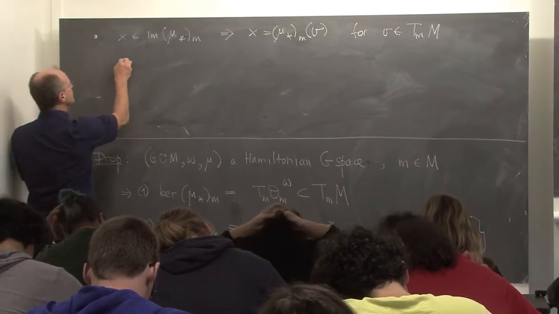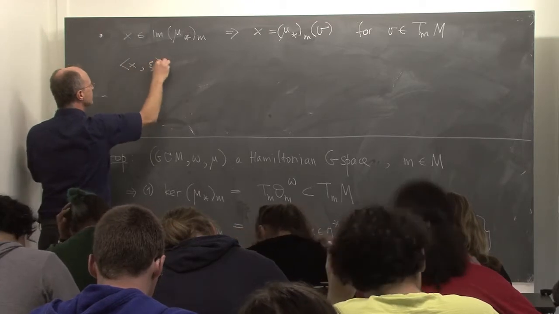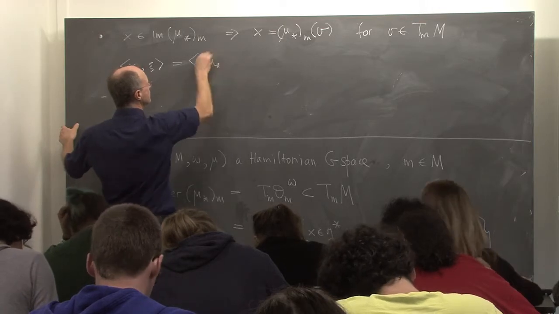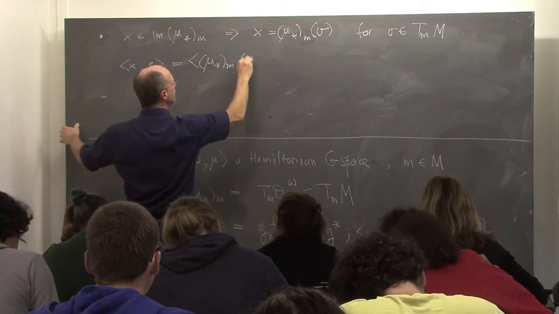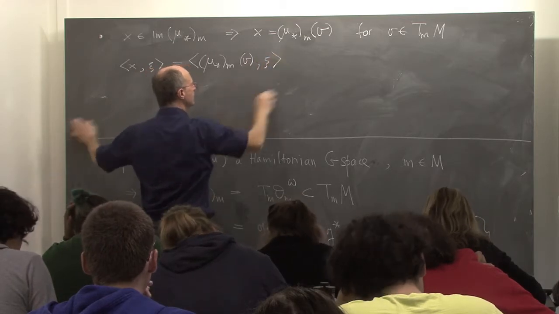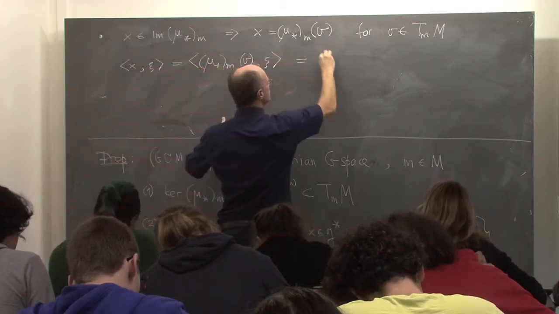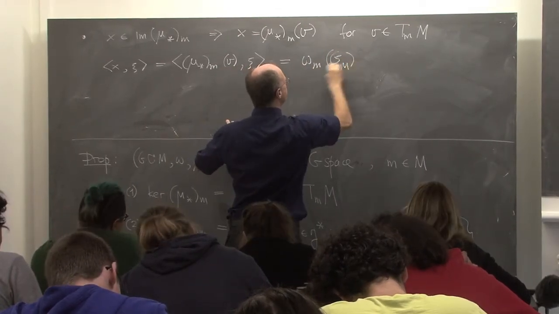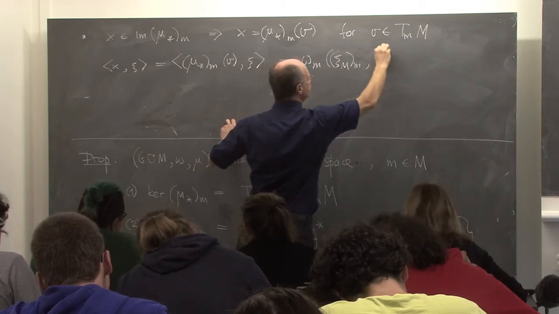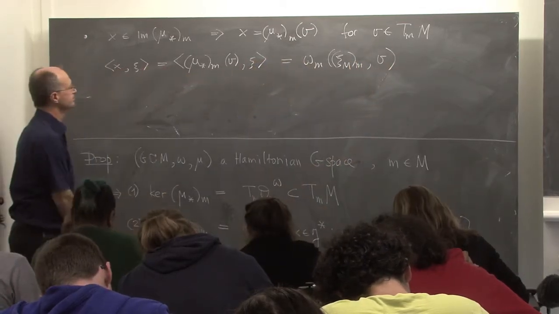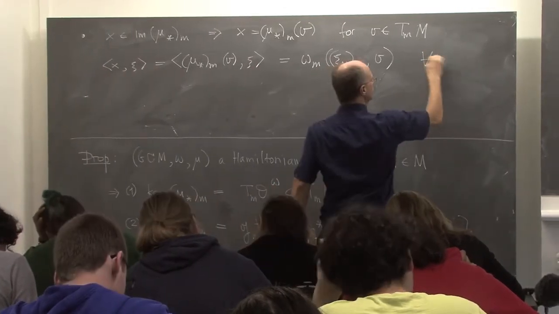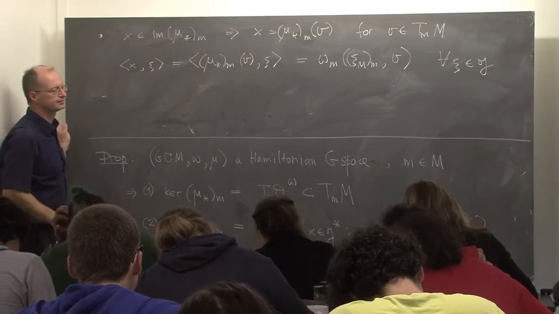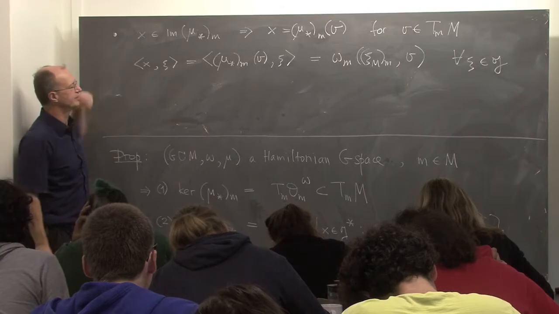And this means that X psi is equal to, by the same equation, mu_m star of v, psi, and is equal to omega_m of psi_M, v. And this for all psi in G. That's just the same equation once again.